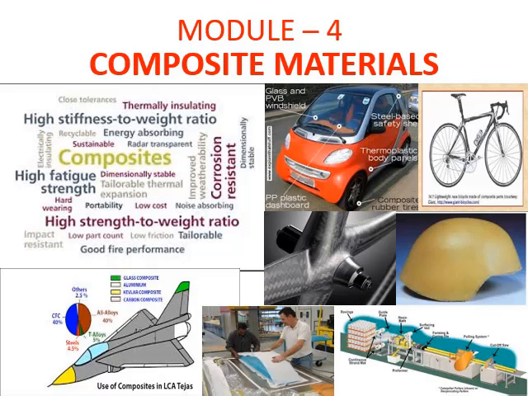In a similar fashion, when we see the classification of materials like metals, non-metals, alloys, ceramics, plastics, all these categories have advantages and disadvantages. For example, metals have very good strength and high density, and because of that the weight is more.